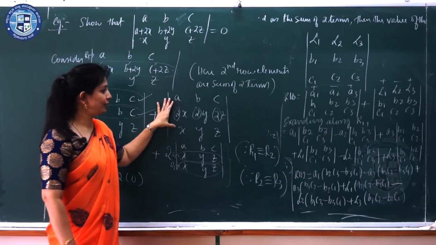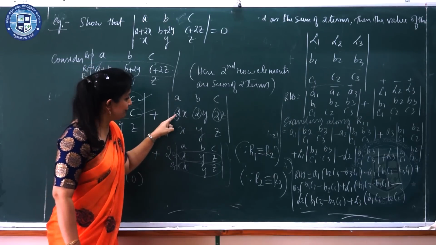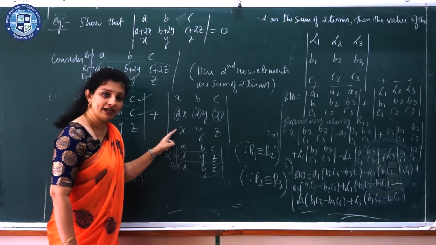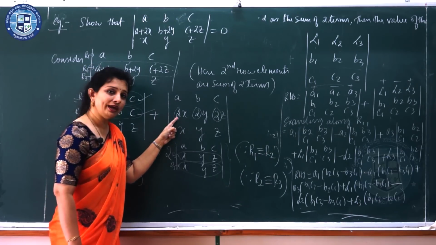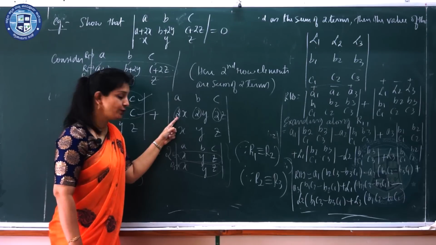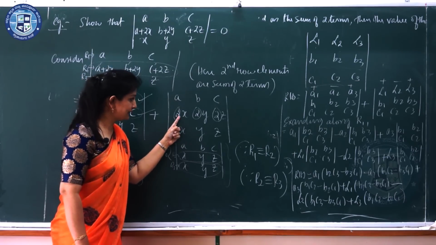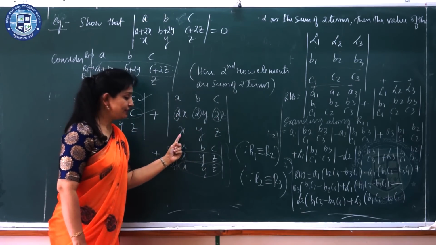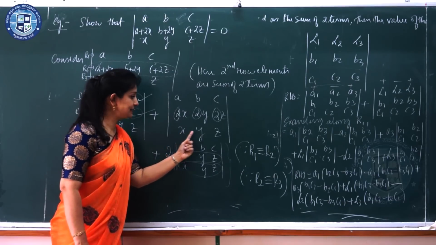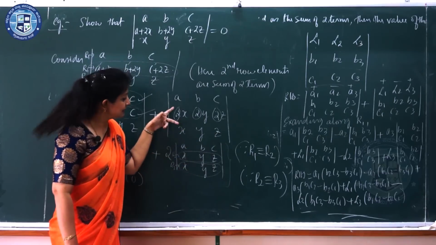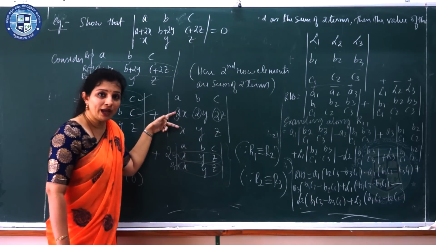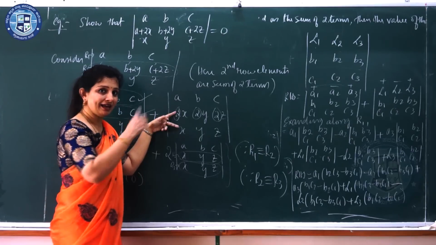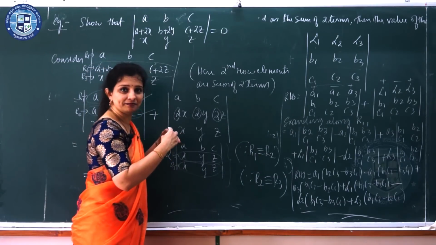Here, if you observe the second row and third row, students, the second row elements are 2x, 2y, 2z. Third row elements are x, y, z. These two rows, R2 and R3, are proportional.